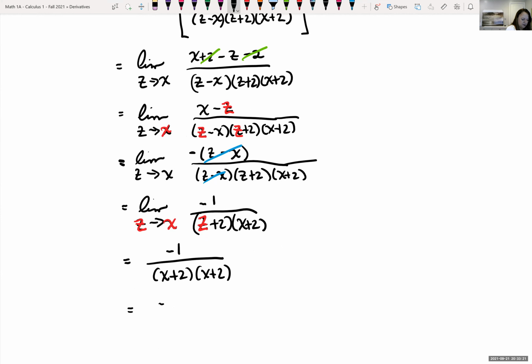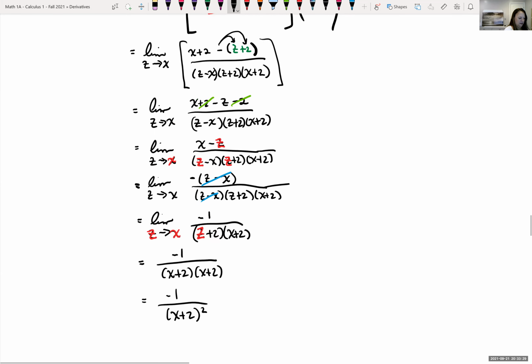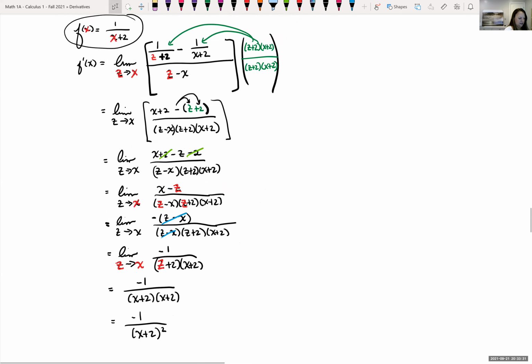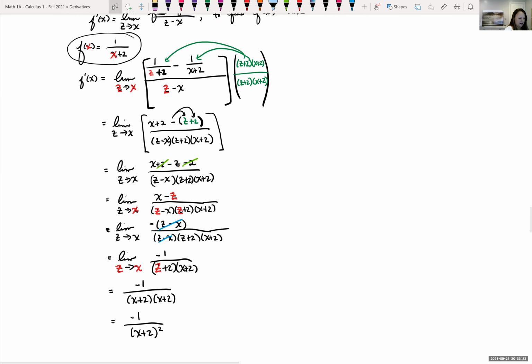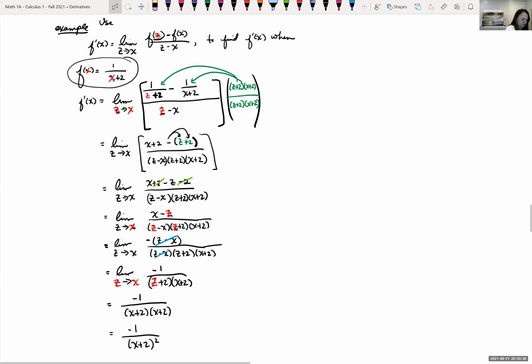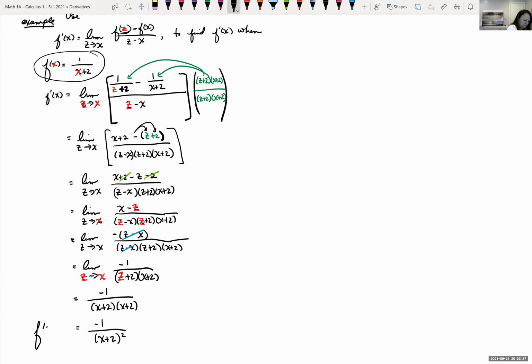So -1 all over x plus 2 quantity squared. This is the derivative of our f of x value, if f of x is 1 over x plus 2.